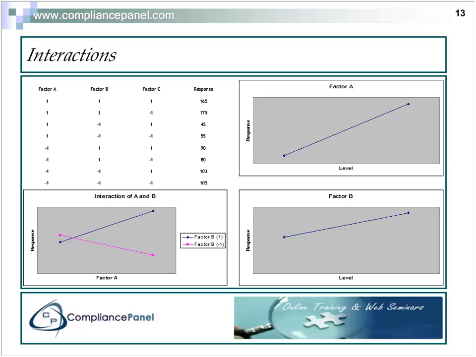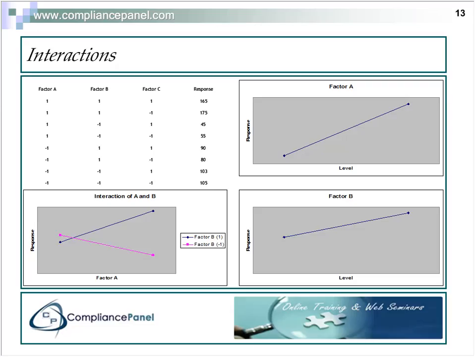As you can see, the response is lower at the low level of A and higher at the higher level of A. I did the same thing for factor B, again plotting the average of the 4 lows and the average of the 4 highs. Again, it has that positive slope. So if you just looked at those 2 pictures without any statistical mumbo-jumbo, one would say that I get a better response at the high level of A and a better response at the high level of B.